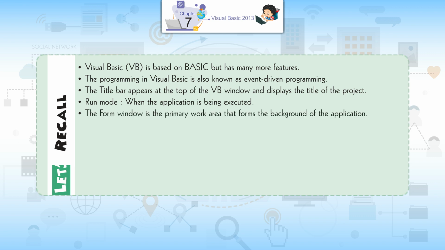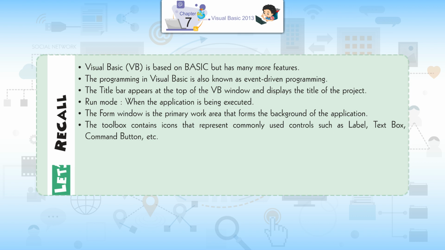The form window is the primary work area that forms the background of the application. The toolbox contains icons that represent commonly used controls such as label, text box, command button, etc. The project window displays a list of all forms that make up the application.